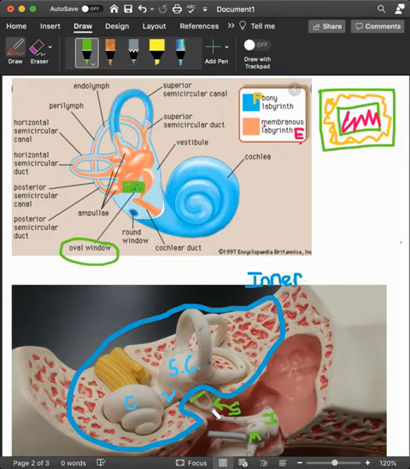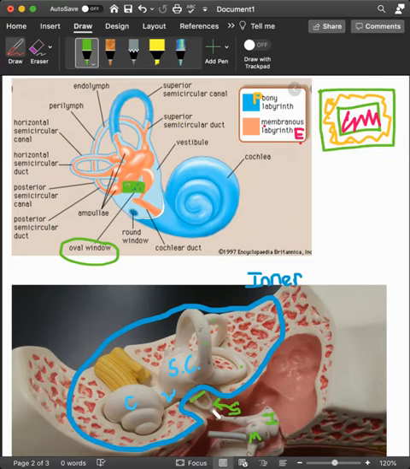So in the semicircular canals, we know that we have the posterior, the anterior, and the lateral canals, but we also have ducts. The ducts are actually what we call the membranous labyrinth within the semicircular canals. So here you have the membranous labyrinth in orange.